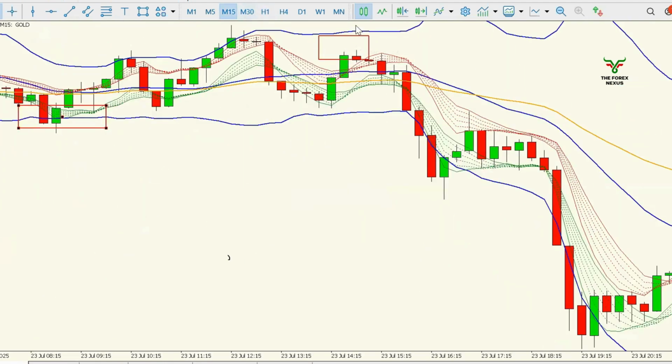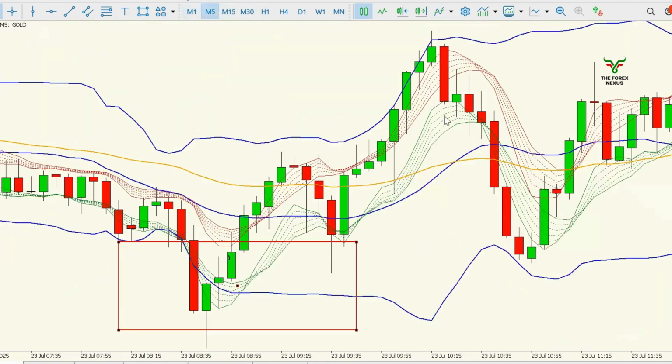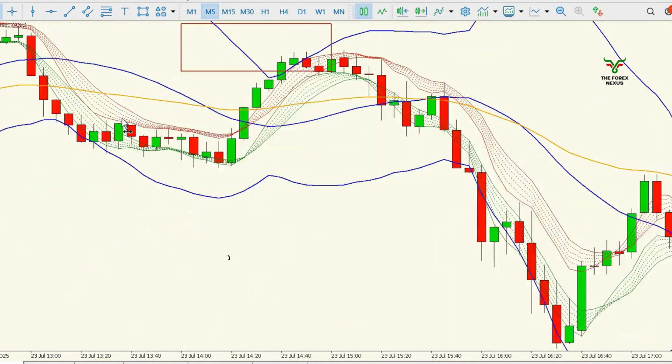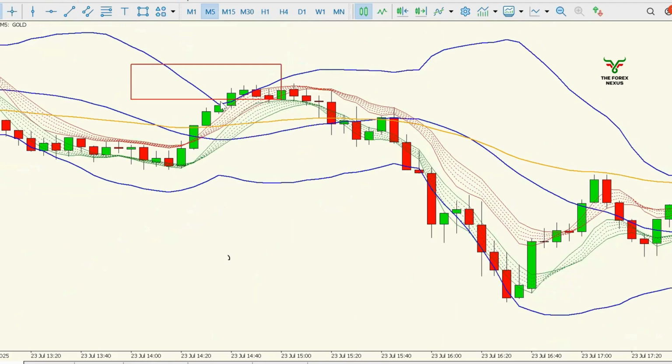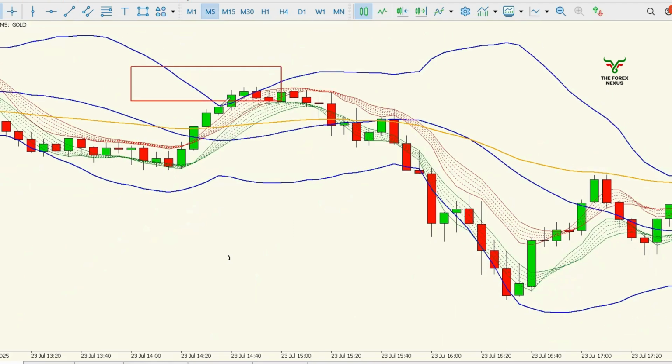On M15, you can see Bollinger Bands are flat with MLV here. At this point, we can enter for a drop.